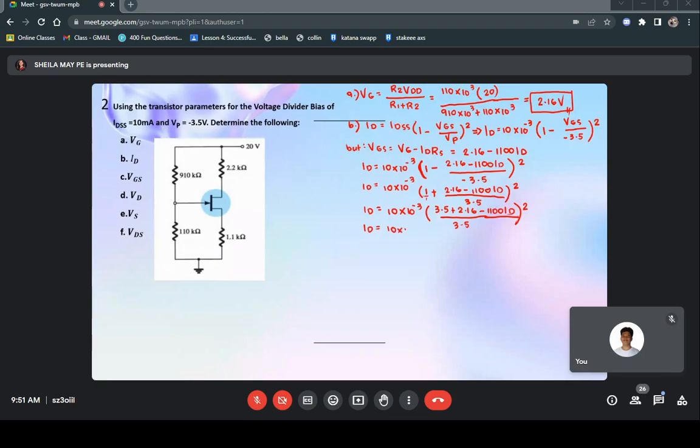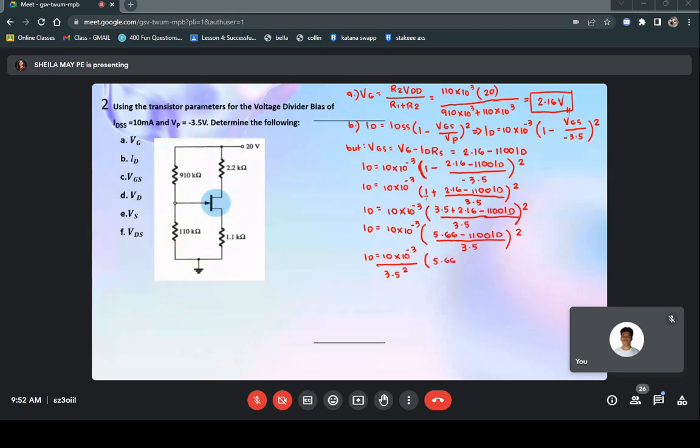Okay, add any constant. So in this situation, we have here 3.5 plus 2.16, so that's 5.66 minus 1,100 ID, squared, over 3.5 squared.